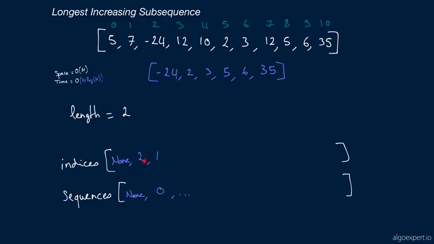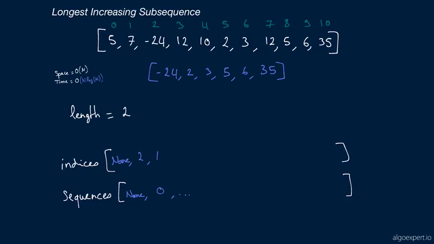So here at index 1, longest increasing subsequence of length 1, what do we want to store? We want to store the smallest number that can be at the end of this longest increasing subsequence. And the smallest number thus far between 5, 7, and minus 24 is minus 24, and it's stored at index 2. So we put index 2.